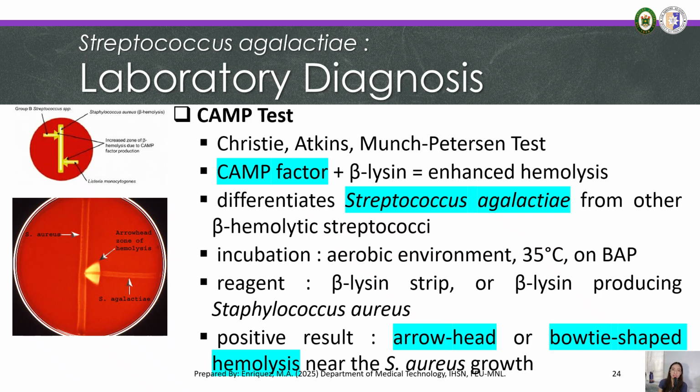Okay, so let's repeat, the beta lysine produced by Staph aureus plus the CAMP factor produced by Streptococcus agalactiae equals enhanced hemolysis. And again, what is the specific shape of this hemolysis? Bow tie or arrowhead. So it's kind of triangular, as we can see right here in this example. So this one shows us a positive CAMP test.